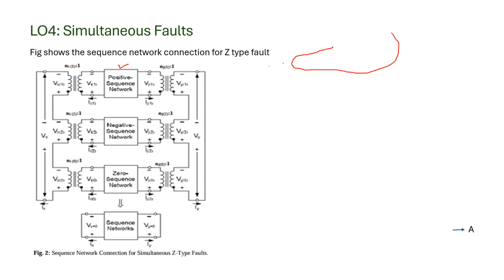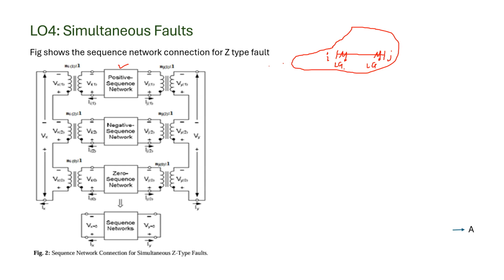I take one power system and there is a bus, say ith bus, and there is a bus called jth bus. And now say LG fault has occurred at this point, and also there is an LG fault taking place here simultaneously.